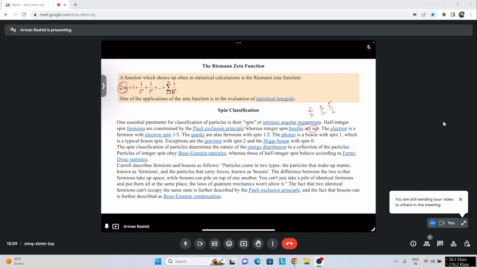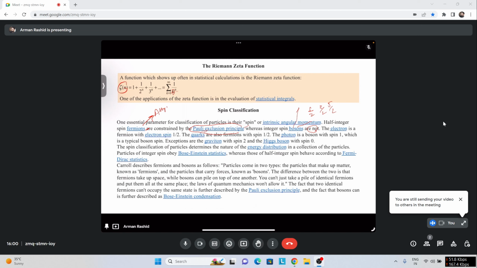So we have fermions on which Pauli's exclusion principle applies, whereas on bosons Pauli's exclusion principle does not apply. You might have seen in quantum mechanics that for fermions we apply an antisymmetric wave function, whereas for bosons it should be a symmetric wave function. Similarly, in statistical mechanics we will have a different statistics for bosons and a different one for fermions.